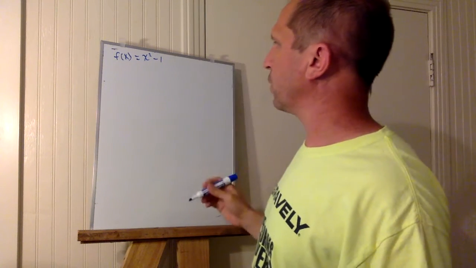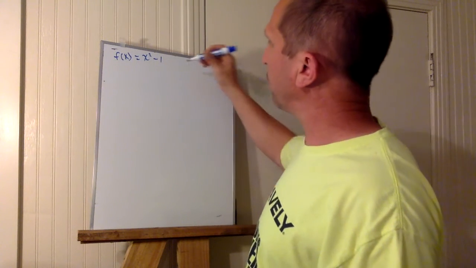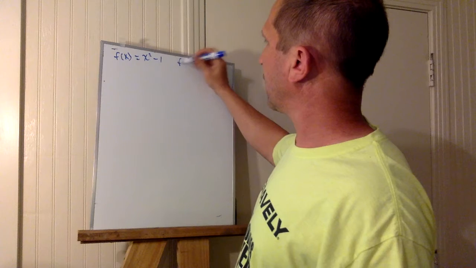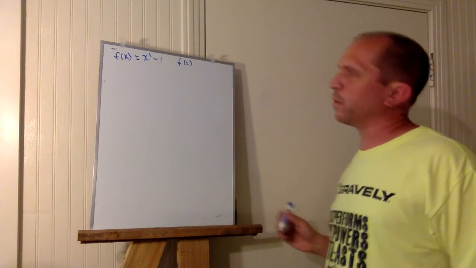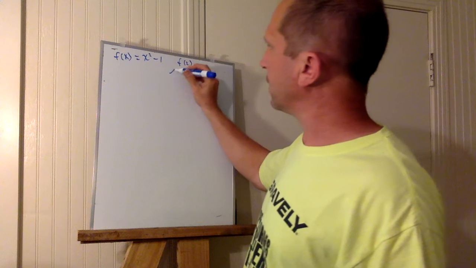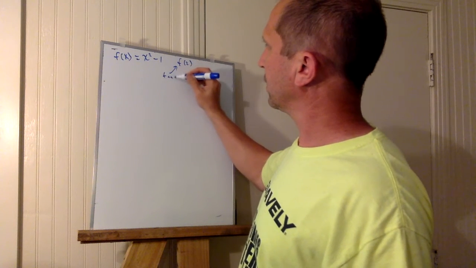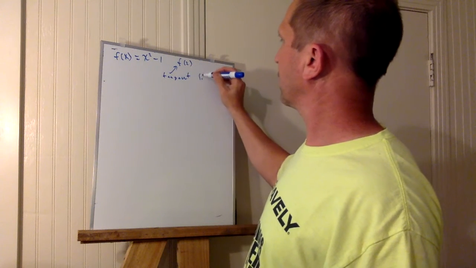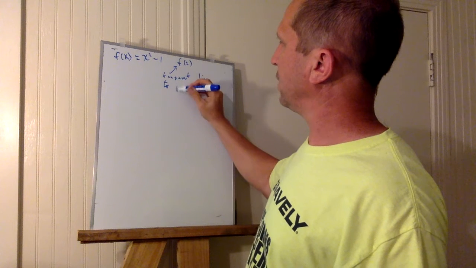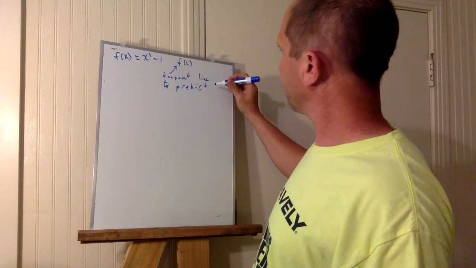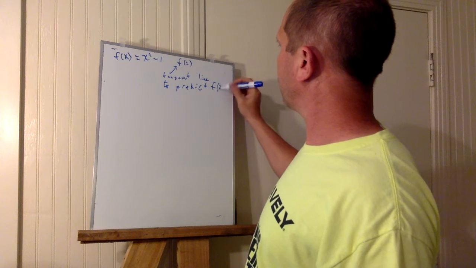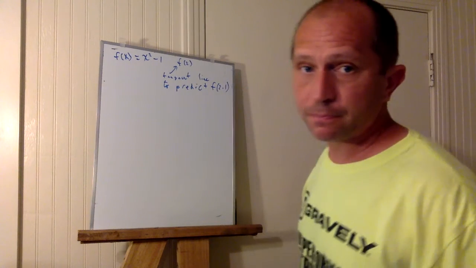And we're going to pick the point at f of 2. And we're going to set up a tangent line to predict what f of 2.1 would be.